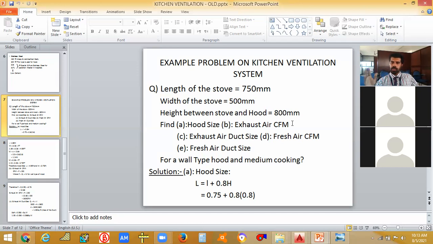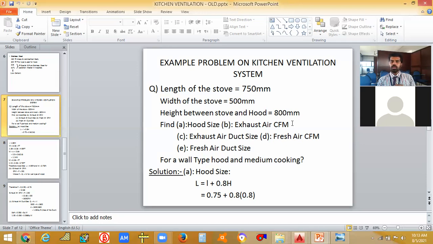First we found the kitchen hood, then the air. Now this air has to be taken through the duct and exhausted to a particular place. So the next thing we need to know is the duct size. When we get the exhaust air CFM, the quantity of the air, we can easily find the size of the duct.